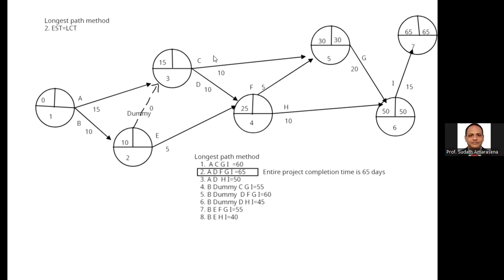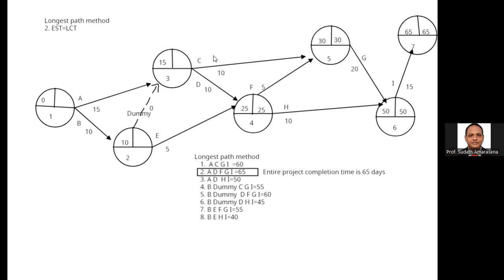H is connected to the sixth event: 50 minus 10 is 40. Compare 25 and 40, select the least value, 25. Remember, when calculating the latest completion time, we subtract and select the least value.